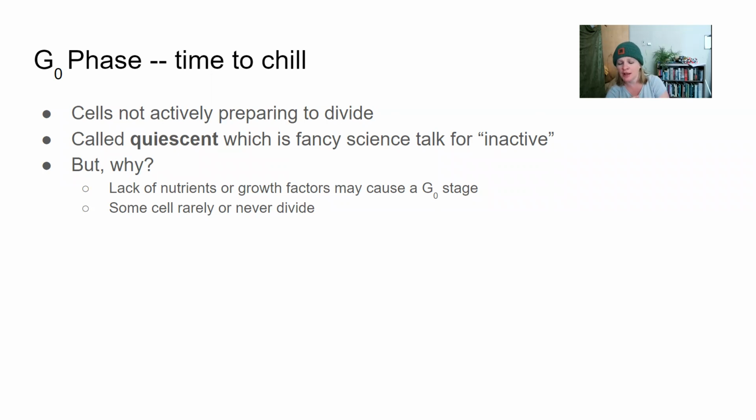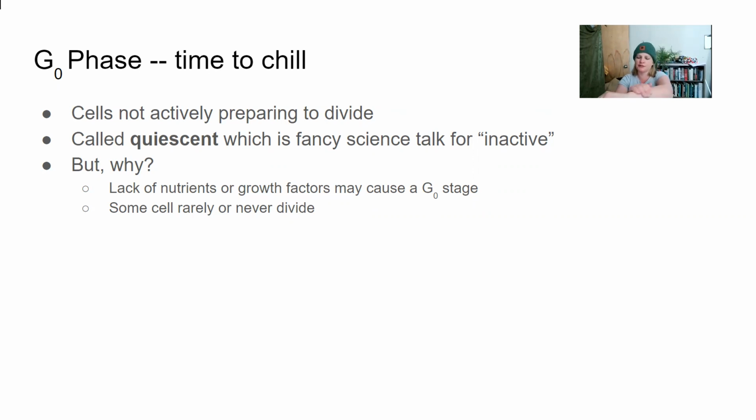And then we also have cells in our mammal bodies that never or very rarely divide. Some examples are our cardiac muscle cells. Those stick with us our whole lives. They never divide. The same cell that's in your heart was there when you were born. Your neurons never divide either.